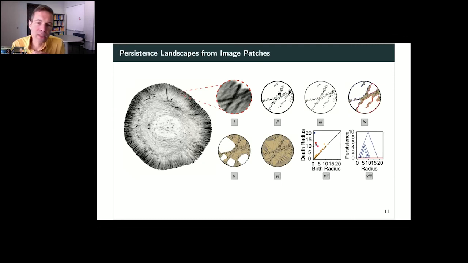So first of all, one thing that we didn't do is just use the grayscale values of the pixels to give us a filtration of that cubical complex. That maybe seems like the obvious thing to do, but there are some difficulties with that. If you end up with one pixel that has a very different grayscale value from its neighboring pixels, you end up with a long bar or a very persistent dot in the persistent homology.